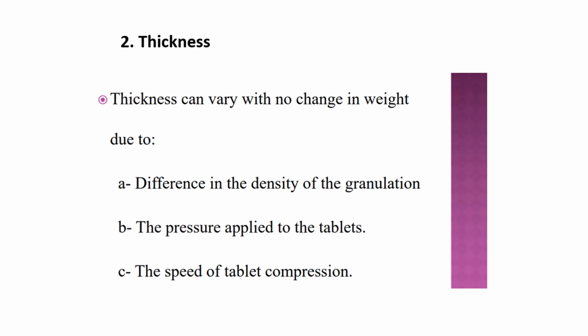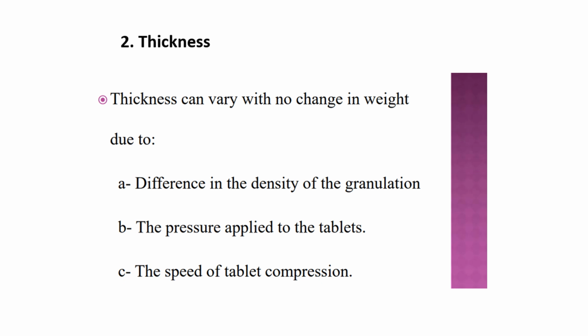For example, for a paracetamol tablet with a 500 mg dose, each tablet weighs 550 mg. If you randomly select 10 tablets and check the weight, they may show the same weight, for example 530 mg. But if you check the thickness, it will vary.